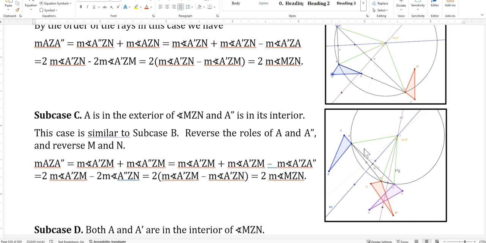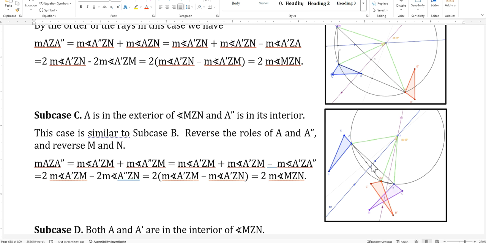Well, first of all, look at the picture. Here's our M to Z to N. Where's N? N is right there. N is that one. This one is M right here, N right here.